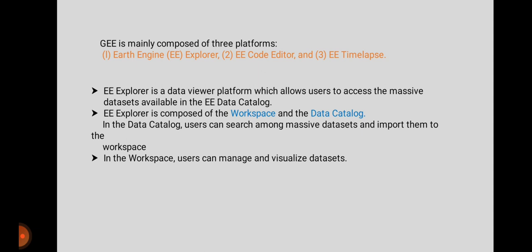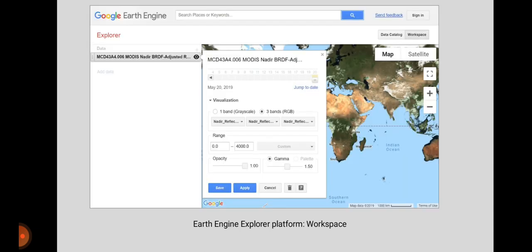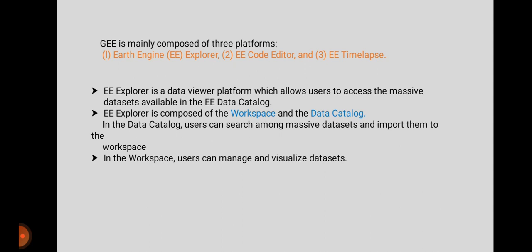In the data catalog, the users can search the massive data sets, and then import them to the workspace. We will search for our required data set, and then import it to the workspace.